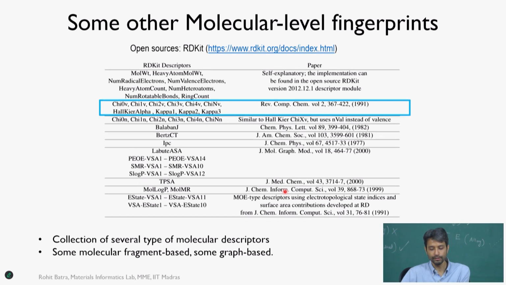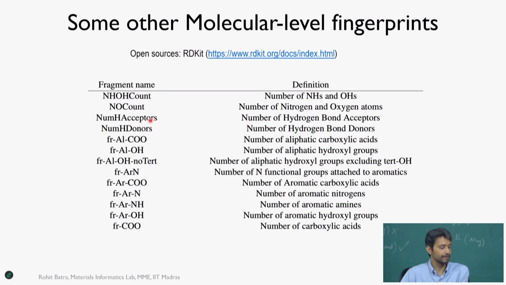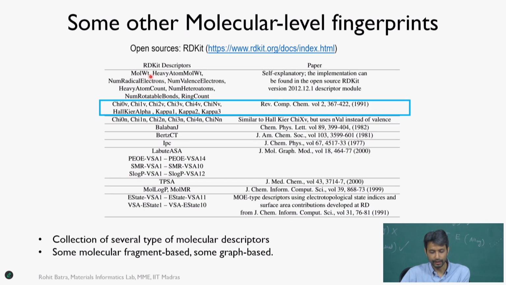We can go on and on. There are so many other fragment-counting fingerprints. You can count something like, let's see, this one is surface area, free surface area, volume surface area. Log P is about hydrophobicity.